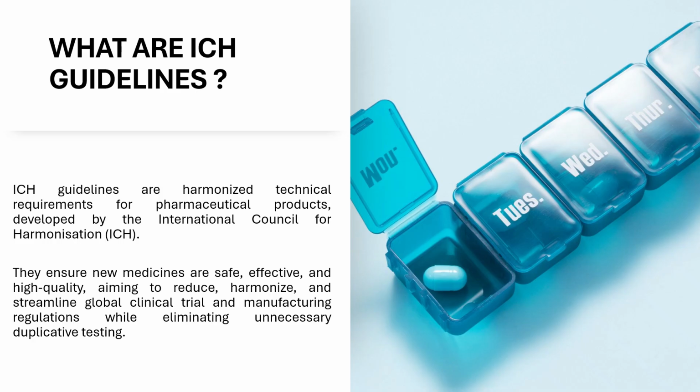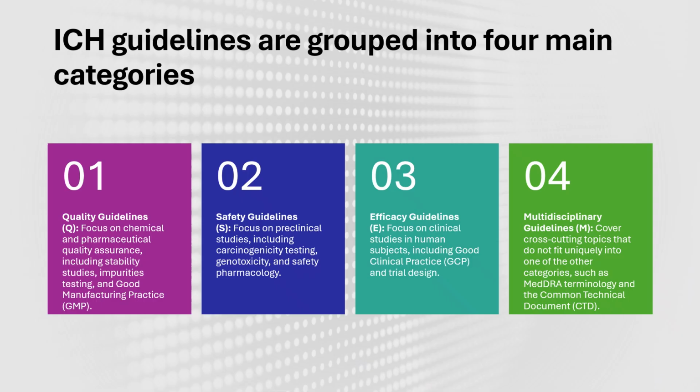Now let's discuss the major categorization of these ICH guidelines. We have majorly four groups here: the quality, safety, efficacy and multidisciplinary guidelines, right? These are designed to harmonize the global pharmaceutical technical requirements, and these guidelines cover the entire product life cycle from preclinical testing to manufacturing to quality to clinical trials to regulatory submission standards, which is the pharmacovigilance.